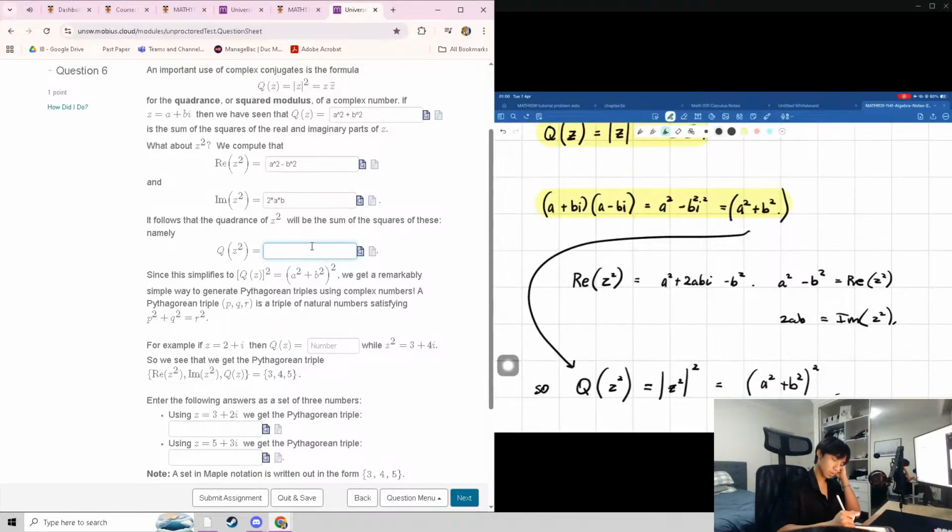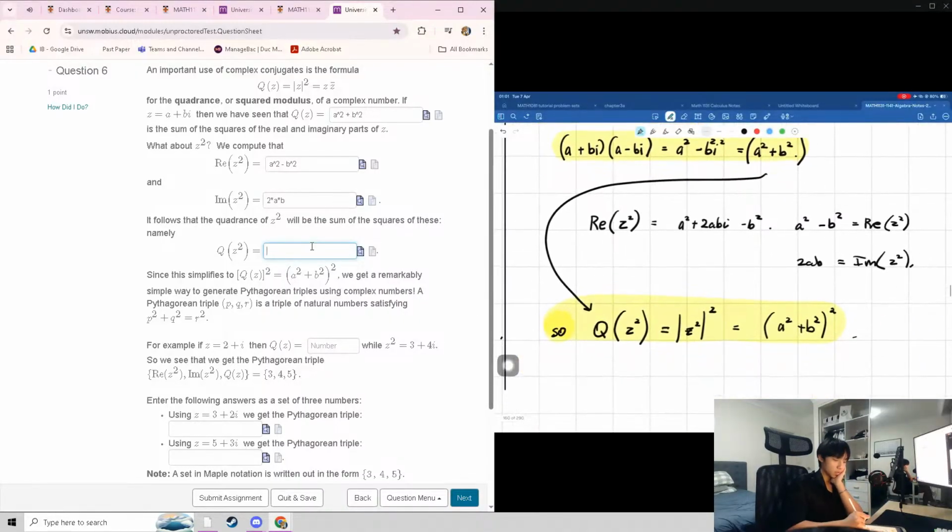Another handy tool. What are they saying here? This can be used to generate Pythagorean triples.